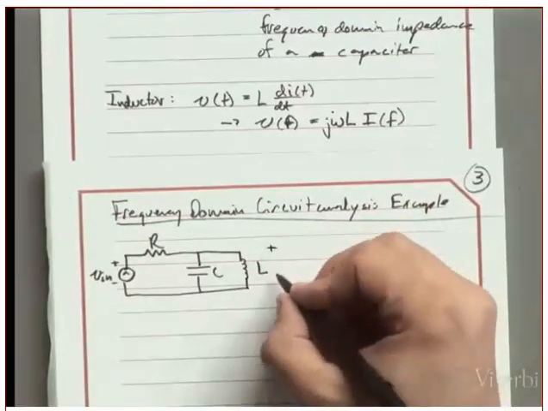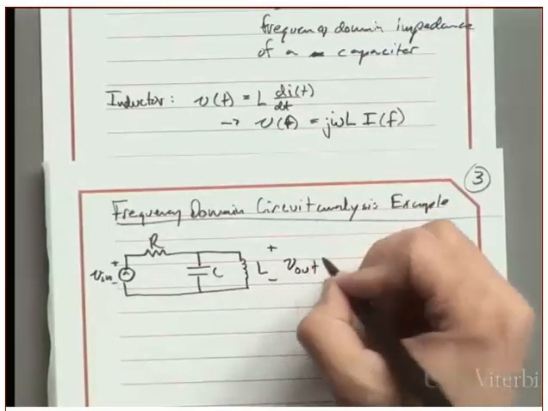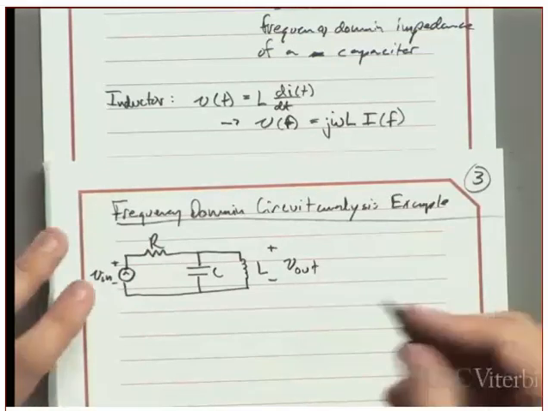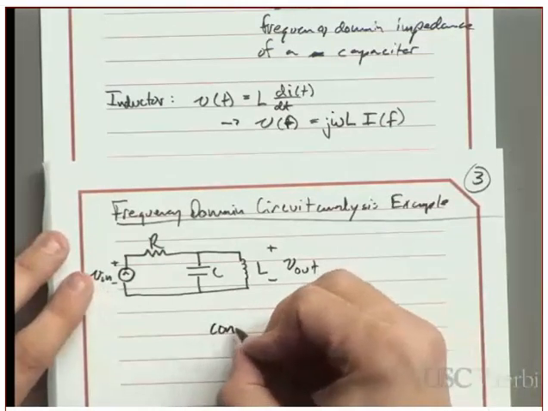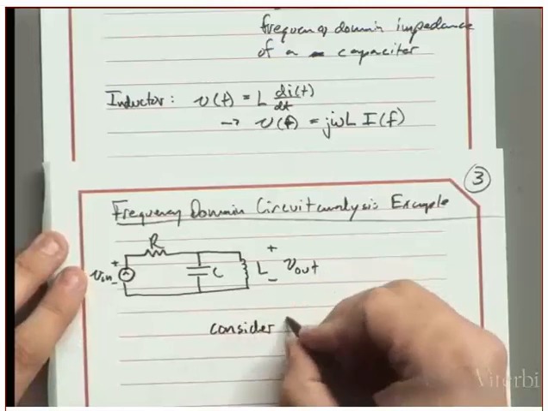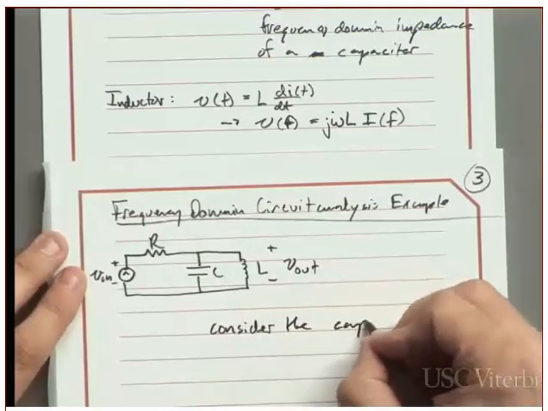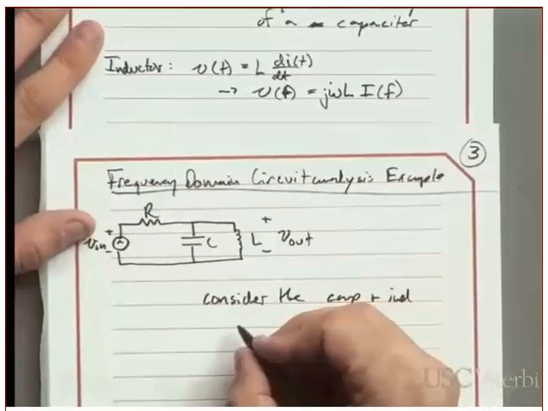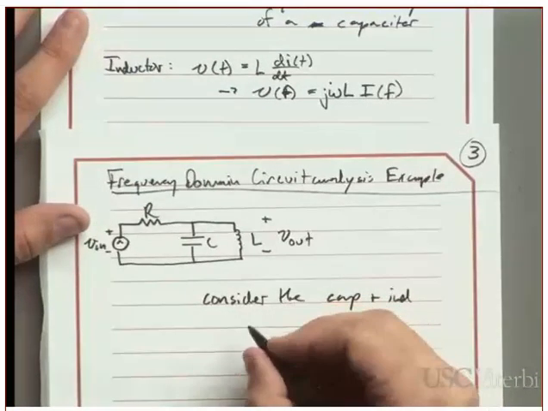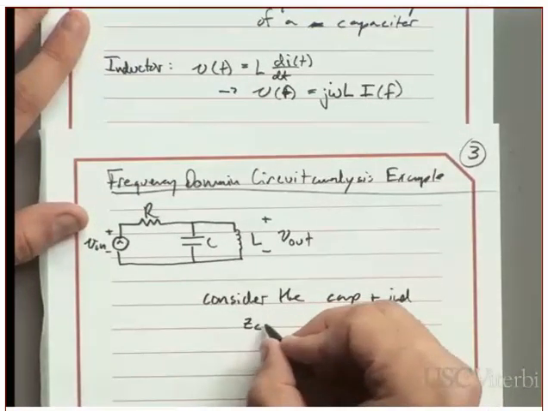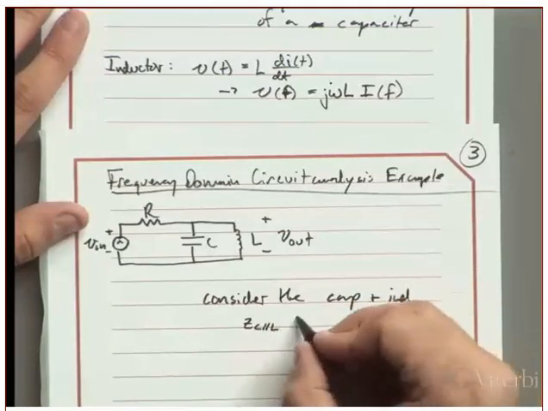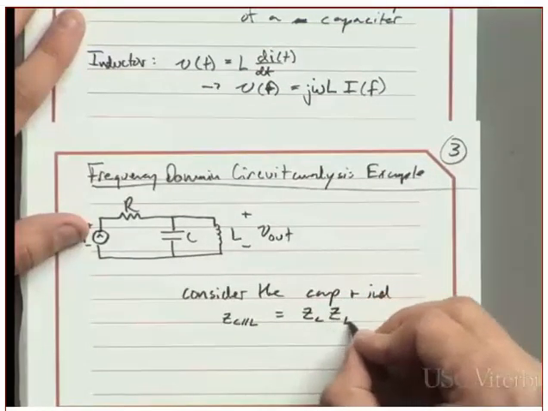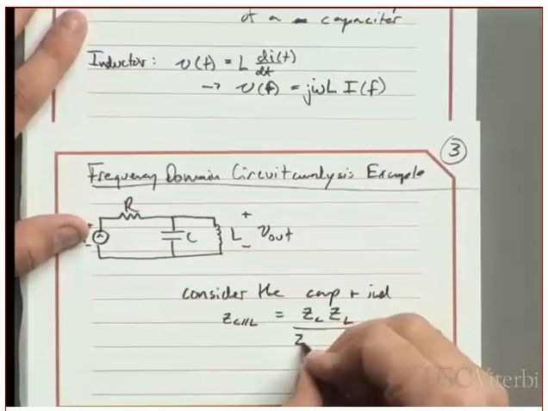And I'm going to look at the output here across the inductor, actually across the parallel combination of the inductor and capacitor. So if I consider that pair, the impedance of the parallel combination is just going to be this: impedance of the capacitor times impedance of the inductor, over the sum of the two.